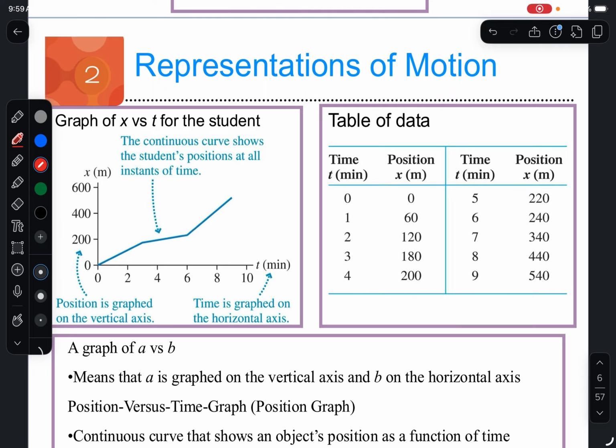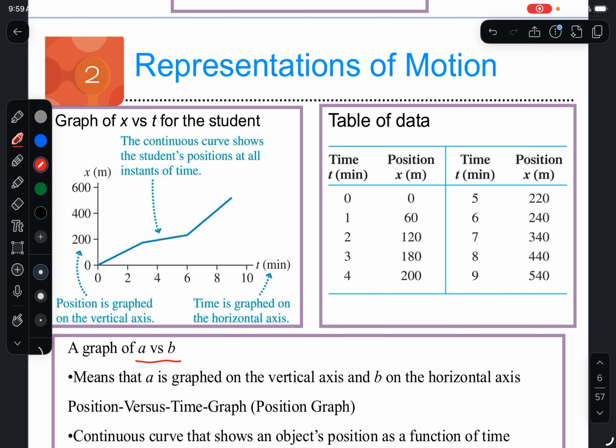We also have on the left another table of our diagram. So whenever you're asked to do a graph of A versus B, it simply means that the first variable, which in this case is A, is on the vertical axis, and the second variable, which in this case is B, is on the horizontal axis.